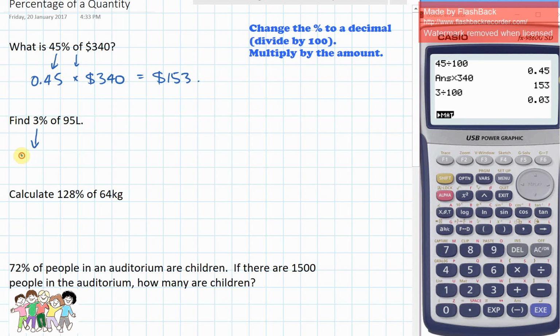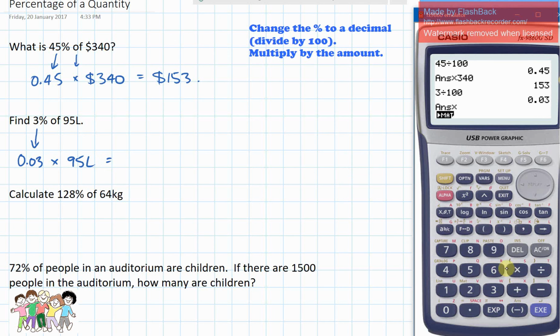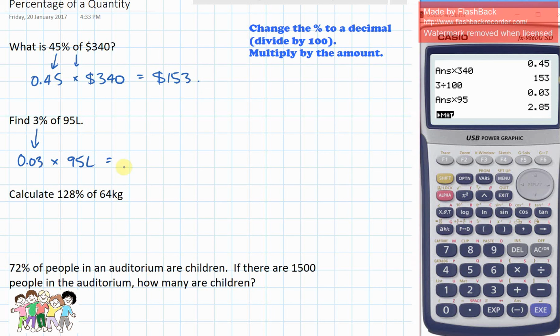So 0.03 is 3% times 95 litres. Okay, on my calculator, times 95 equals 2.85. So 2.85 litres. And just take care that you transfer the answer correctly from your calculator to your paper.